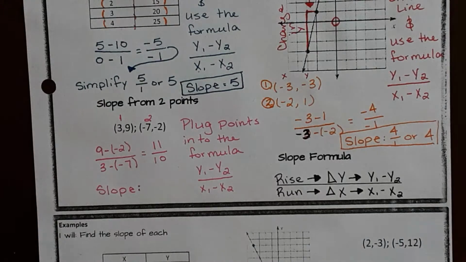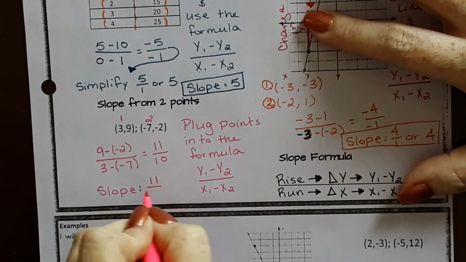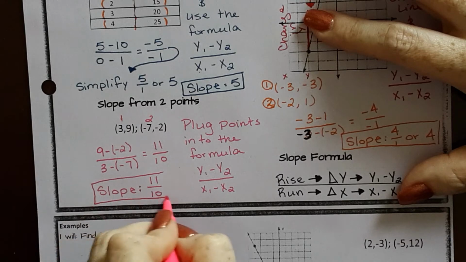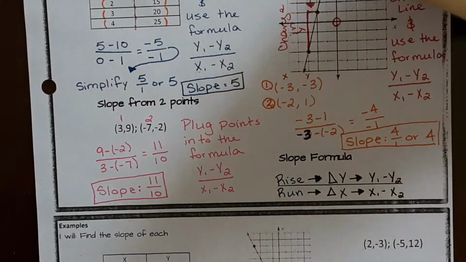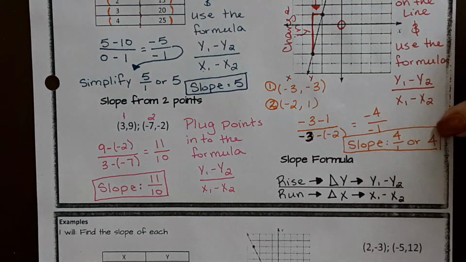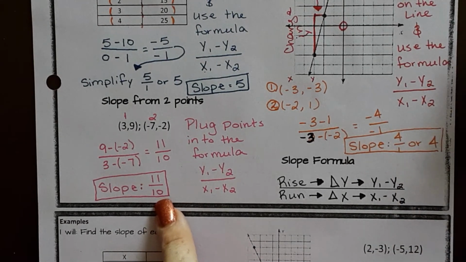Can 11/10 be simplified any further? No. So in this case, our slope of our line is 11/10. Your slope should always be in fraction form or listed as a whole number. From our two first examples, we have 5 and 4. If it is a fraction like this, it should never be listed as a decimal.